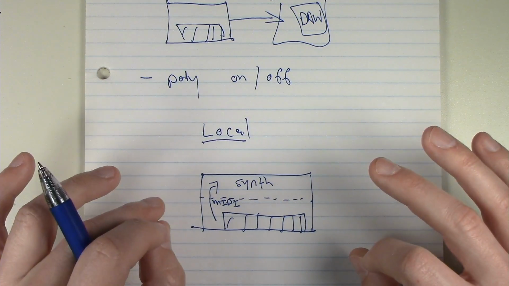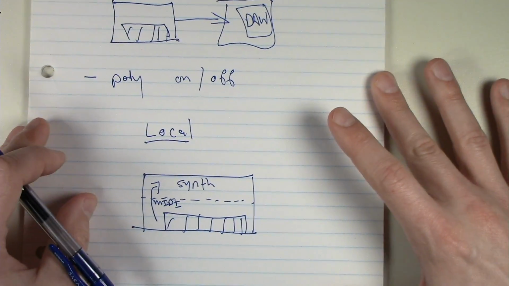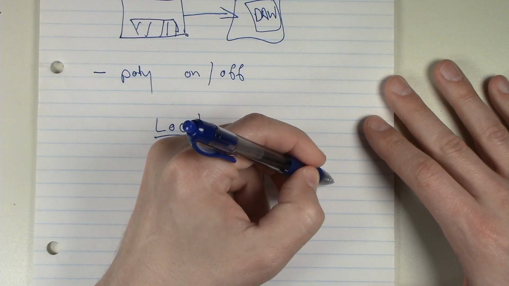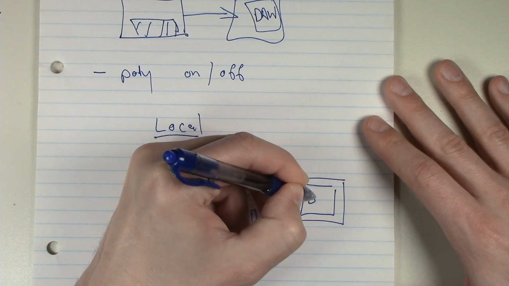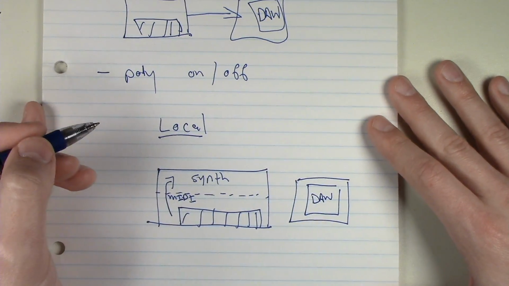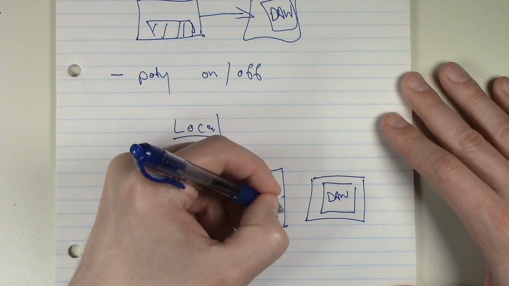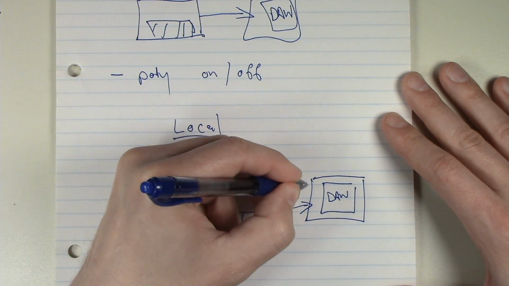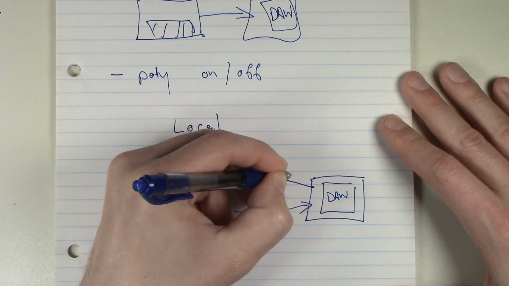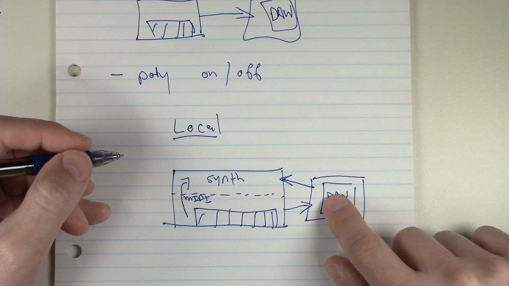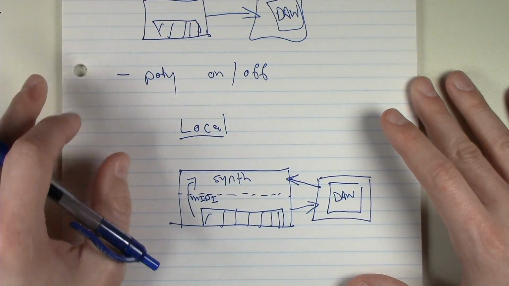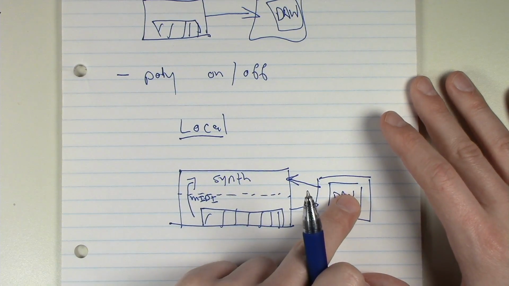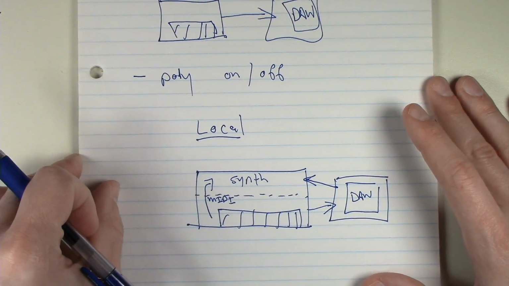But that presents a little bit of a problem when we want to use it with a sequencer or a DAW. So here's our DAW over here. We want our DAW to record the output from the keyboard, and we want it to then play back the MIDI events and cause the synthesizer to make sound, being controlled by the DAW instead of the keyboard.